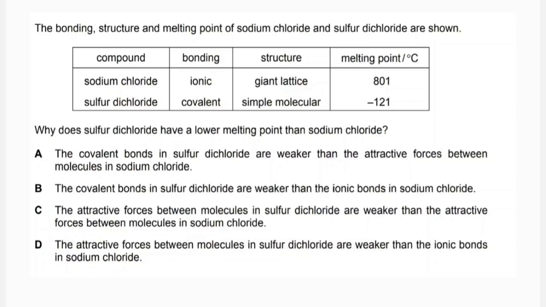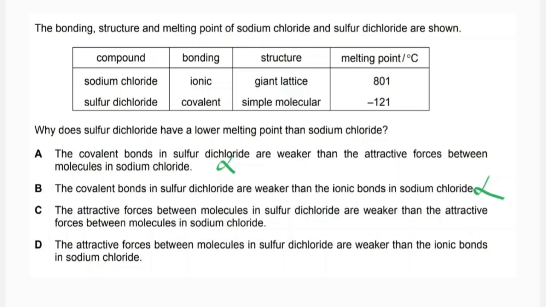All right, so this cannot be the answer because it's talking about covalent bonds in sulfur dichloride, so it should be intermolecular forces. The second one is again talking about covalent bonds in sulfur dichloride, should be intermolecular forces. C: the attractive forces between molecules in sulfur dichloride are weaker than the attractive forces between molecules in sodium chloride.